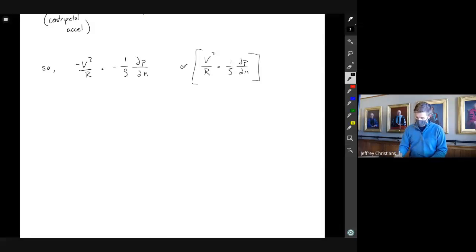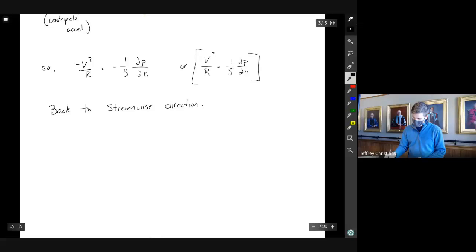Just to wrap up our discussion for the day, if we go back to the streamwise direction, we can write that the velocity, d velocity ds, minus g dz ds, minus 1 over rho d pressure ds.